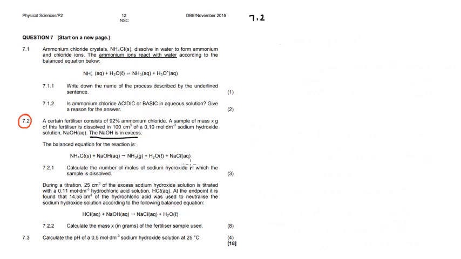Whenever they tell you that something is in excess, then you know that whatever reaction is going to be carried out is going to go to completion, and once that reaction is complete, that substance that they told you is in excess is going to be left over.